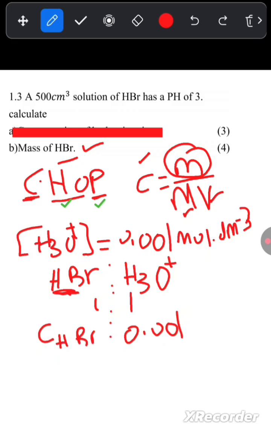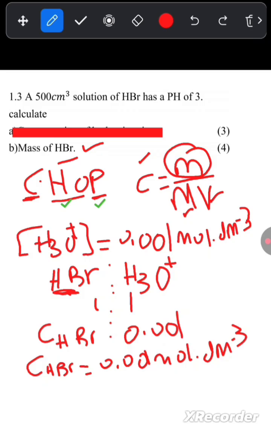We now want to see the concentration of HBr. The ratio is 1:1, so the concentration of HBr will be the same as the concentration of the hydronium ion. So 0.001 mole per cubic decimeter.